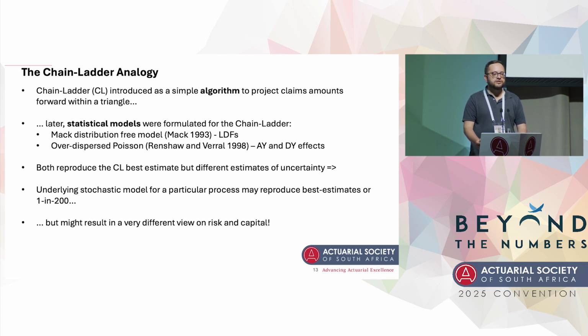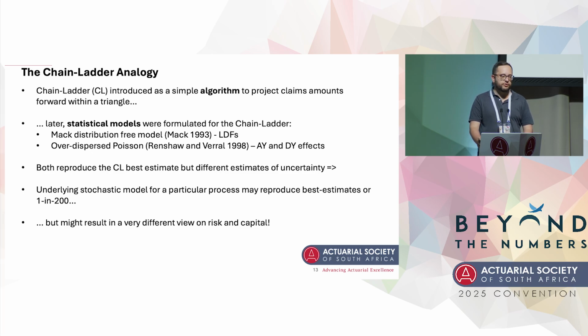In the late 80s and the early 90s, some people started thinking about whether you could formulate a statistical model for the chain ladder. Probably the most famous paper in actuarial science is Mack's 1993 paper called A Distribution-Free Model for the Chain Ladder, which gives a set of point estimates for the first and second moments of the stochastic distribution of the chain ladder.